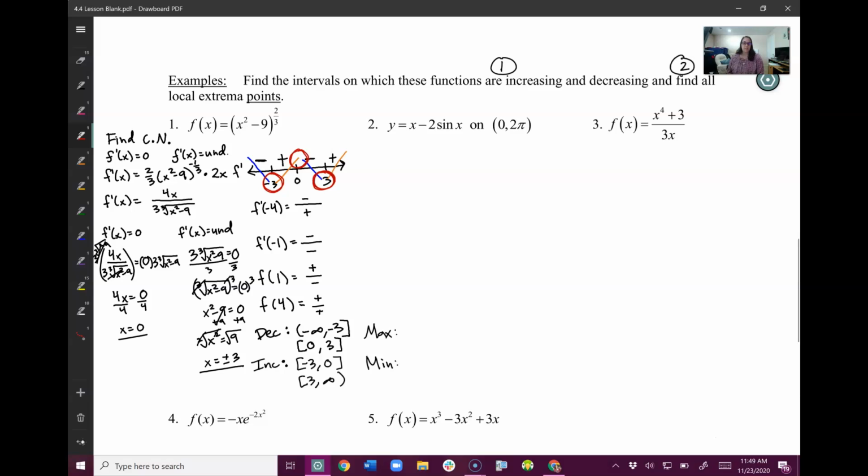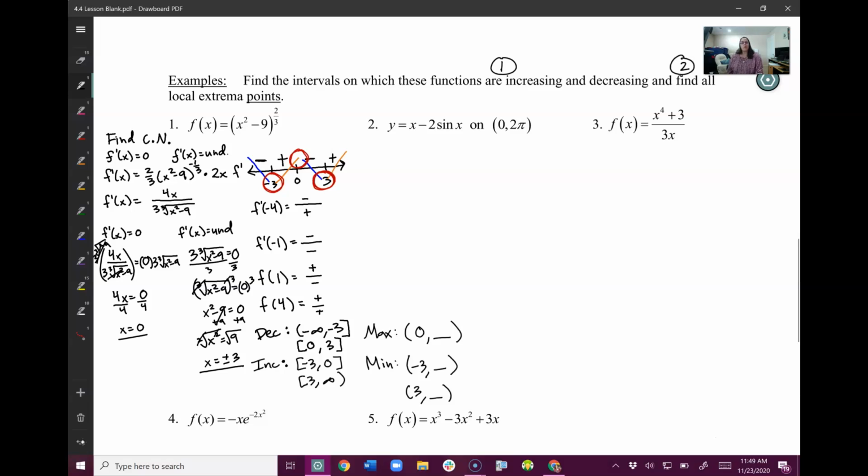And it's kind of easy to see if I've drawn this orange and blue part. I am going to have a maximum at x equals 0 right there. I'm going to have a minimum at negative 3, something, right there. And another minimum at 3, something, right there.